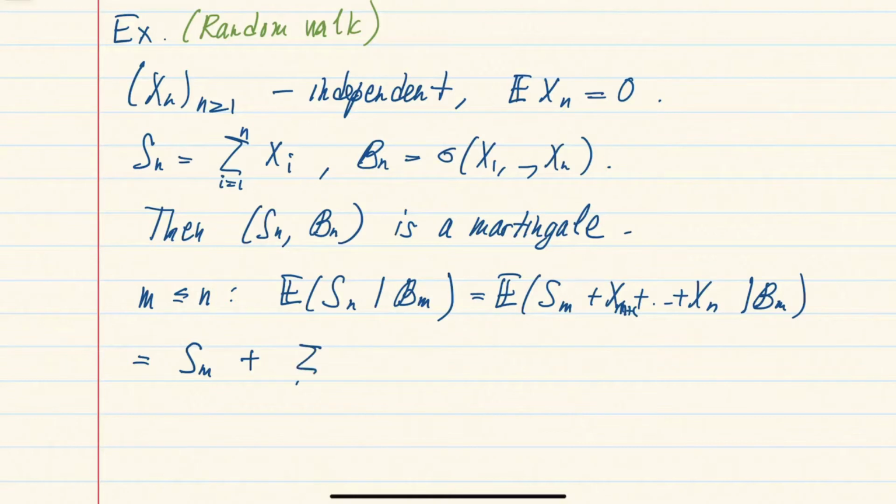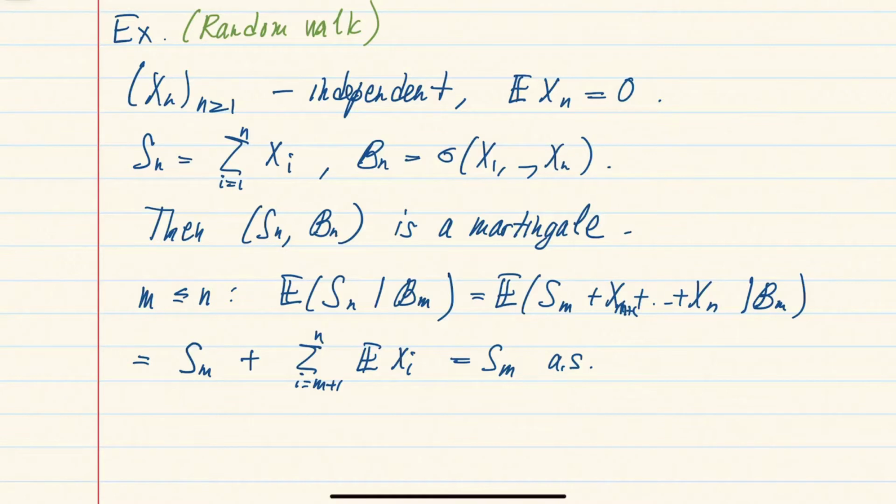So for the sum from m plus 1 to n, by independence, the conditional expectation will be just the expectation of these Xi's, which are all 0, so you get Sm almost surely. Now, if the expectation were positive, this would give you a sub-martingale, and if it's negative, you would get a super-martingale.